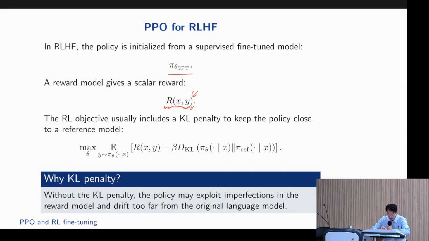So our policy gradient objective is to maximize the sum of the rewards, but with one regularizer. We want to penalize the KL divergence of the policy output from deviating too much from this supervised learning pre-trained model.